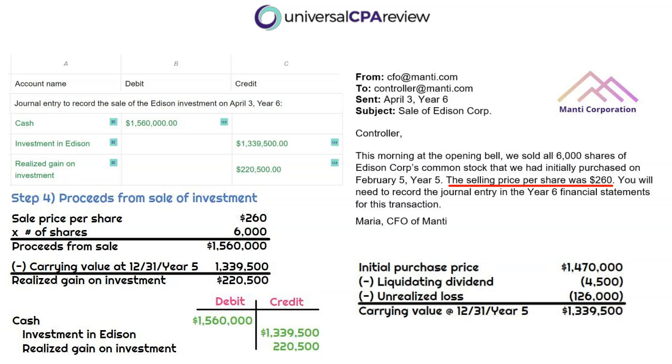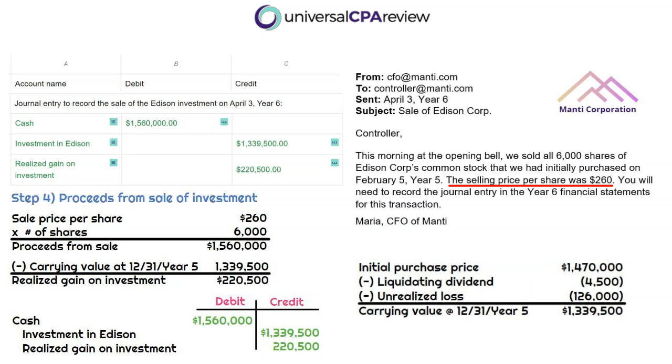But that's the final journal entry. Now we've recorded all of the impact in our income statement, and the investment is no longer on our balance sheet. So overall, that was a great simulation. We talked through all the different journal entries, right from the initial acquisition or purchase of the stock. We had to factor in liquidating and non-liquidating dividends.